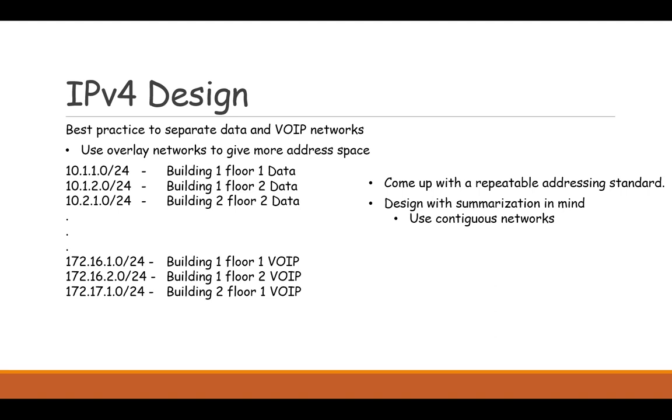Now, at some point, your addressing plan will blow up. If you keep growing, that is. There's only so much addressing space, and you can only conserve addresses so much without causing yourself all kinds of headache. Just looking at the example addressing scheme here, you can see what happens if you go above 256 sites. If I have more than 256 buildings, maybe, then boop, I'm out of this 10 dot network.